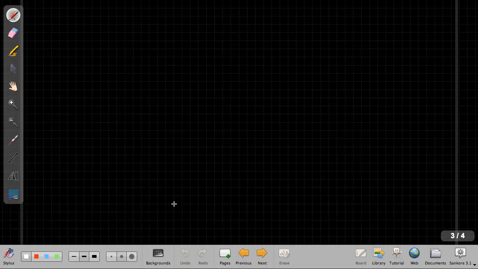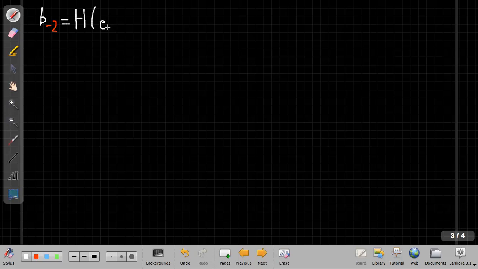Okay, so going on in the same pattern, I'm going to finish off the last two coefficients here. b sub minus 2 is equal to h of e to the j omega naught times k.